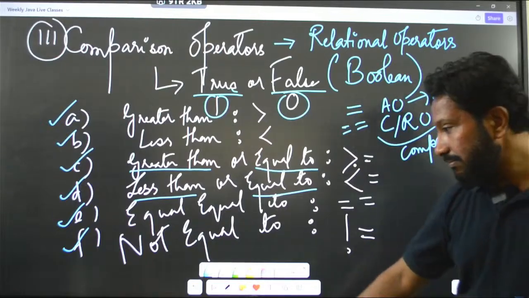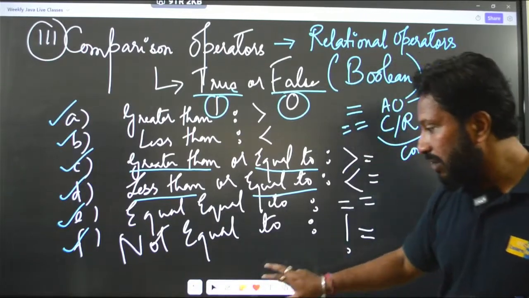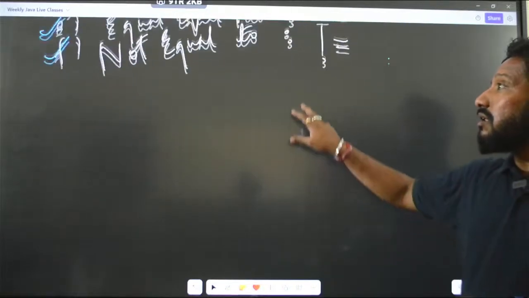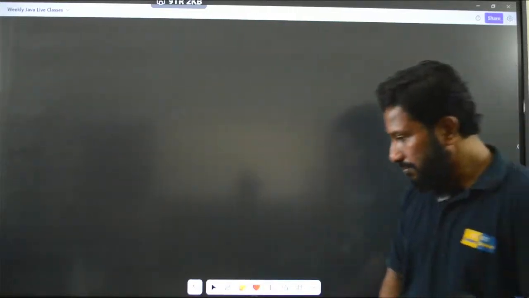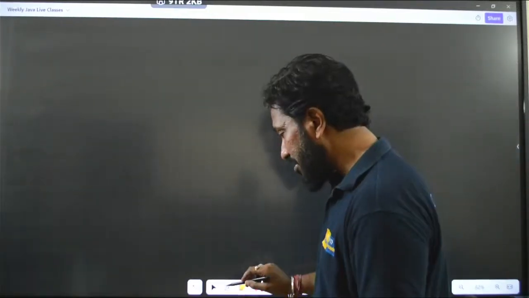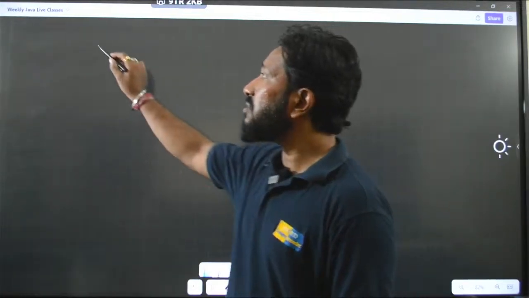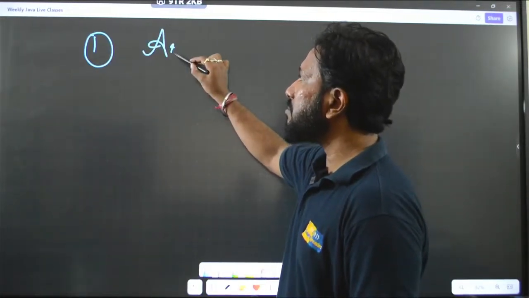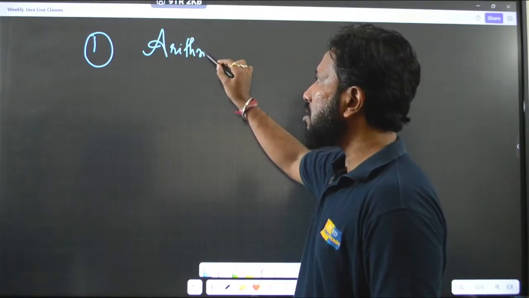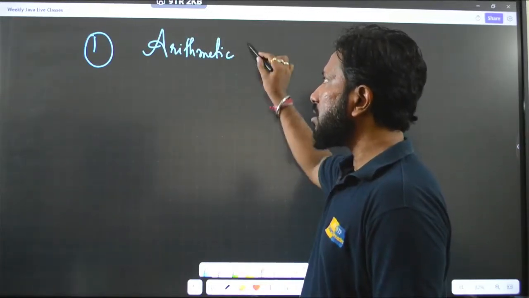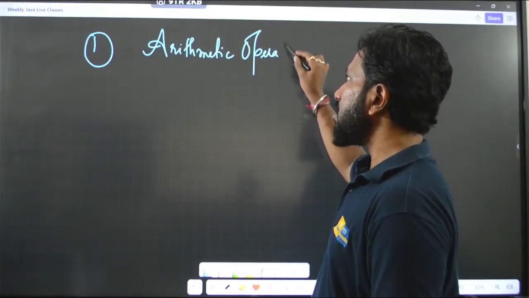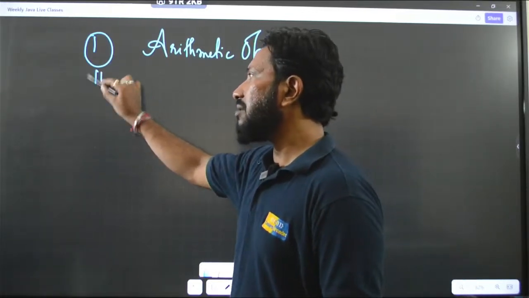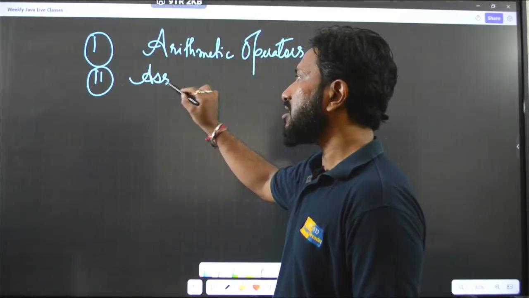And at the same time, let me just tell you what we're going to cover in the next sessions, and I will give you a brief roadmap about this, okay? So what I was telling is, now we are done with arithmetic. So this is completed. Then we have the second one, which is the assignment operators.